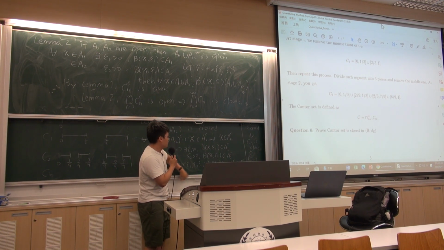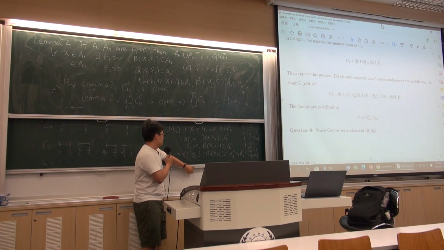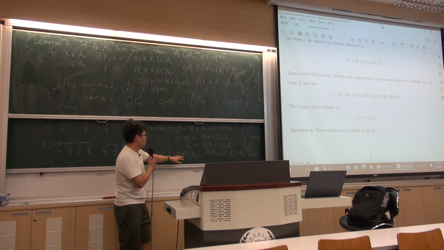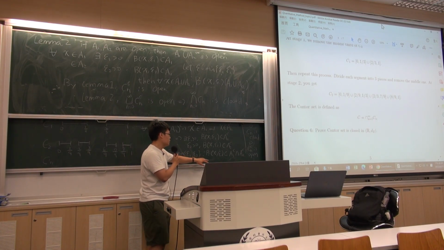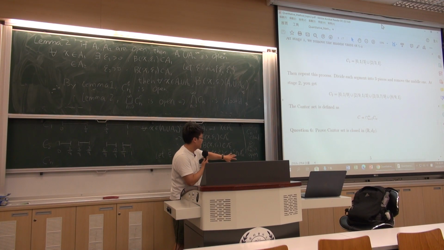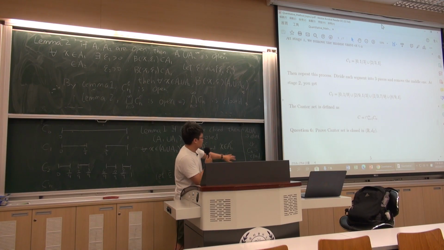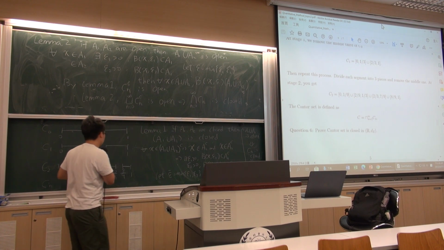And then I only pick epsilon bar, which is the minimum of epsilon 1 and epsilon 2, and that ball is contained in the intersection of these two complement sets. This is how we prove that the union of A1 and A2 is closed. That means Cn is closed, which means the complement of Cn is open. Okay, so that is the first step.